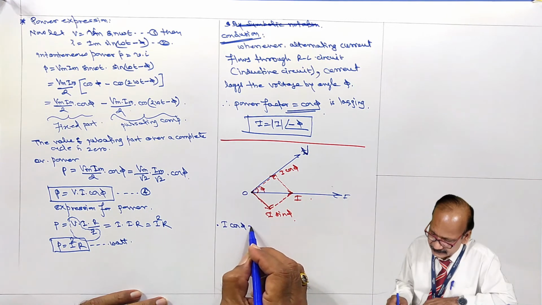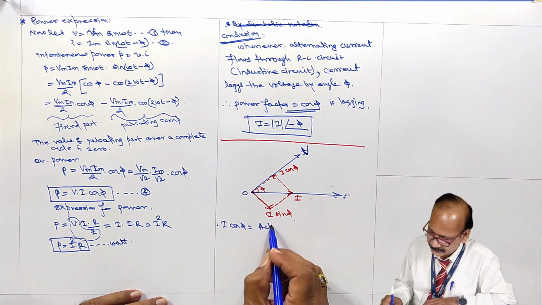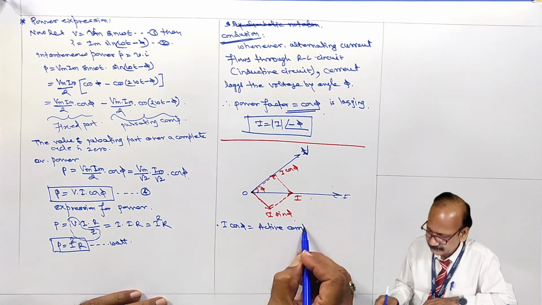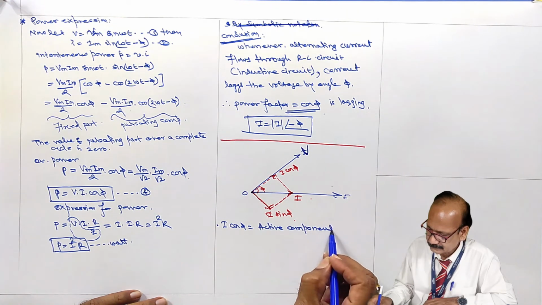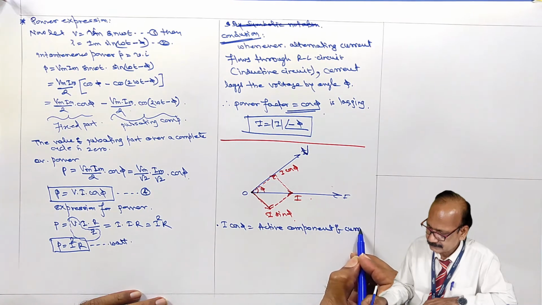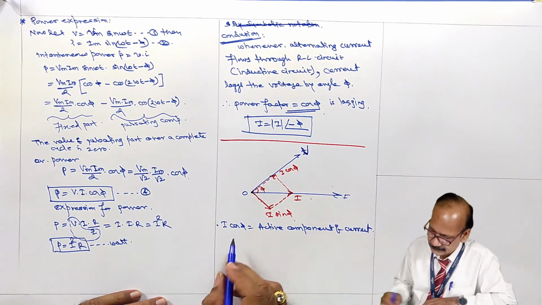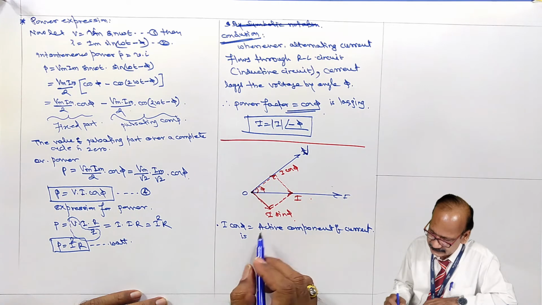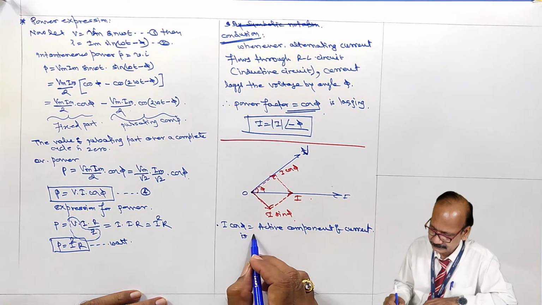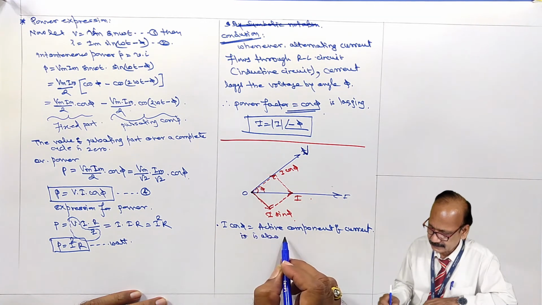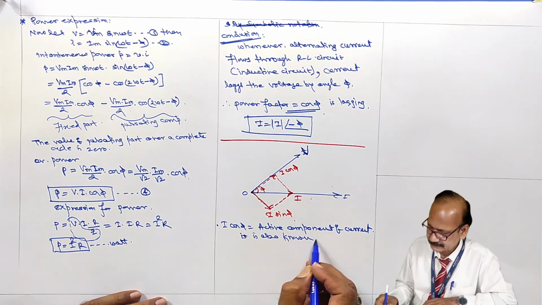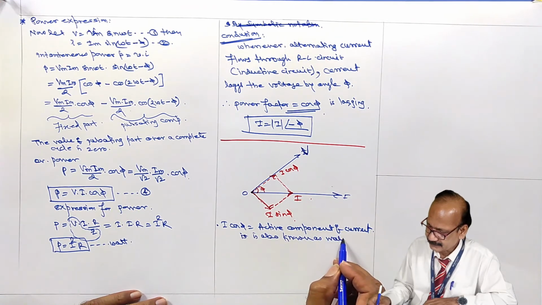So I cos phi, active component of current, is also known as wattful component.